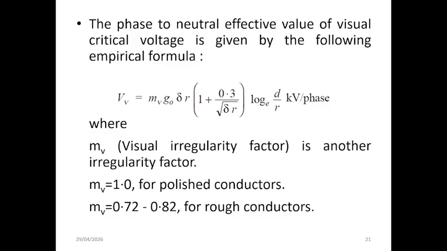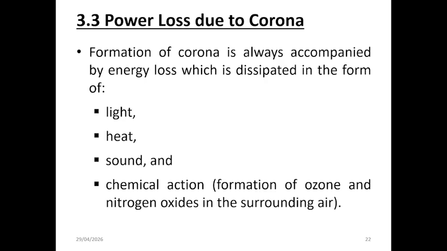However, for rough or imperfect conductors, the value of MV typically ranges from 0.72 to 0.82, reflecting the increased surface irregularities that influence corona appearance. So this empirical relationship is widely used in transmission line design to estimate the voltage at which visible corona will occur under real world conditions.